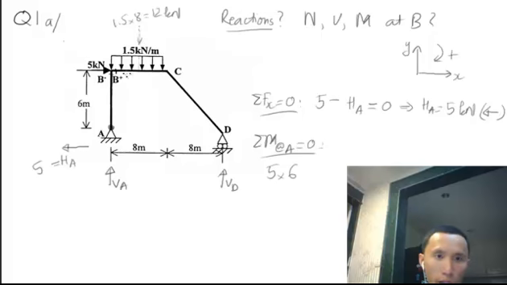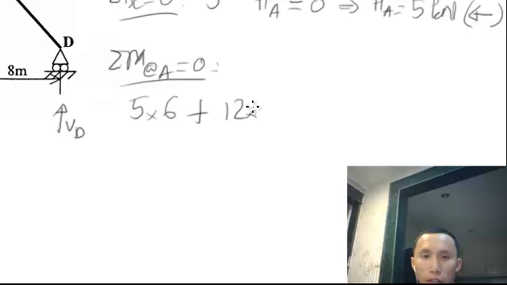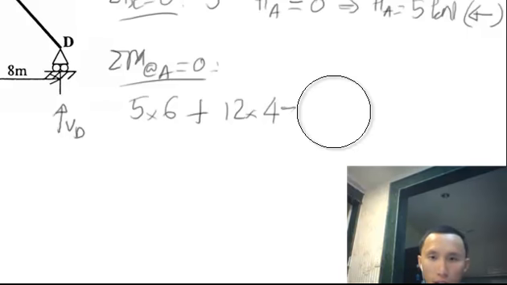Point A here, the 12 goes around A clockwise, so therefore positive 12 times the distance from 12, which goes straight here, to A. The distance is 8 meter, sorry, 4 meter, half of 8 meter. So 4 meter.